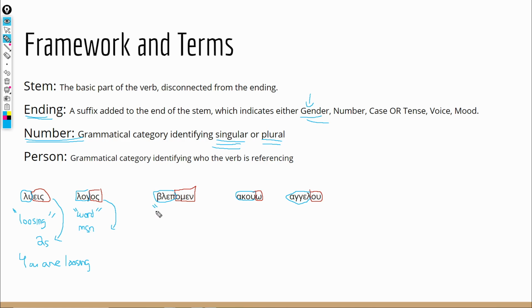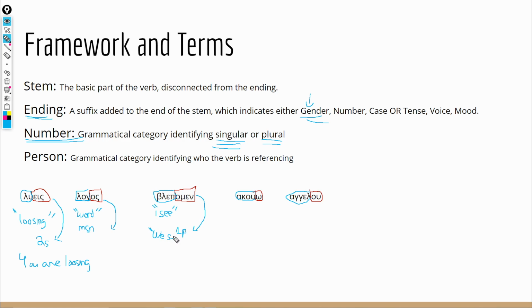So I see, and we look at the ending here, omen, which is first person and it's plural. All right, so first person plural. Therefore, how do you say I see in the first person plural? Well, it's the word we. Okay, so instead of I see, you would say we see.